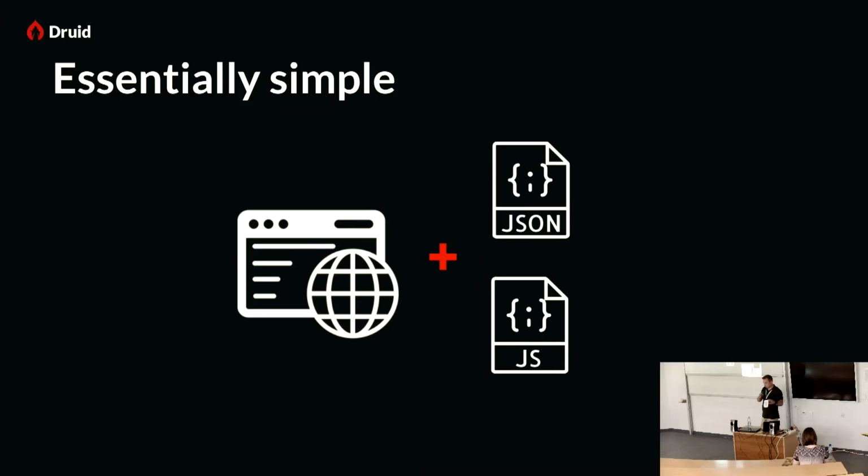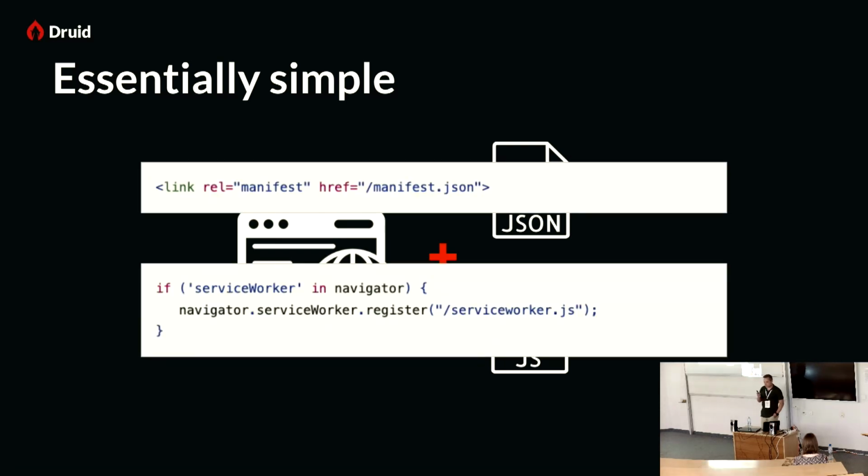It's manifest.json. It contains information about the application, like what should be written under the icon, what the icon file is, how it would look, some background coloring options, and so on. And then you have a JS file, which is for the service worker. I'll get to that on the next slide. And since this is progressive, if the browser cannot understand any of it, it will just ignore it.